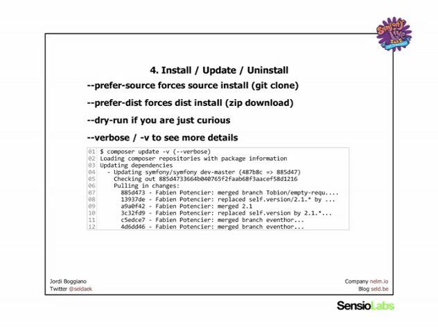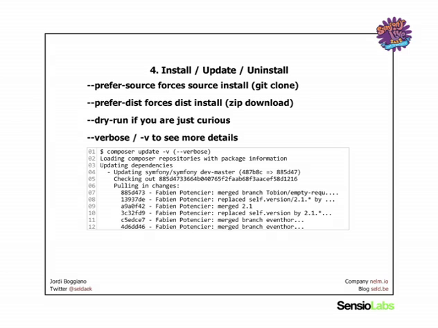Now, there are a few options that affect this process, like the execution of the operations, and I just want to highlight a few that can be interesting. The prefer source flag forces installation from git clone or svn checkout instead of using the zip archives.